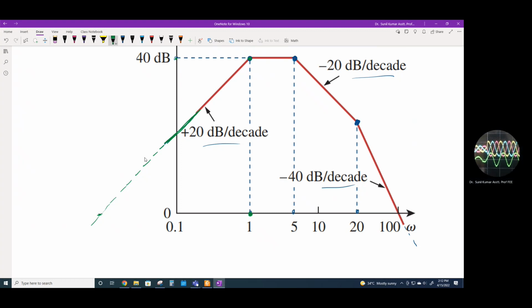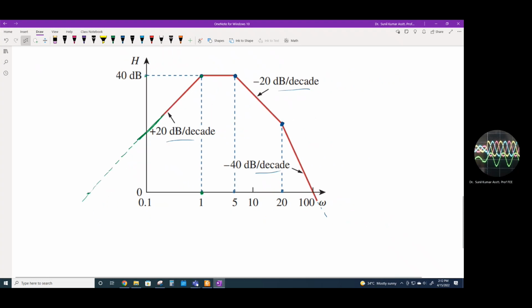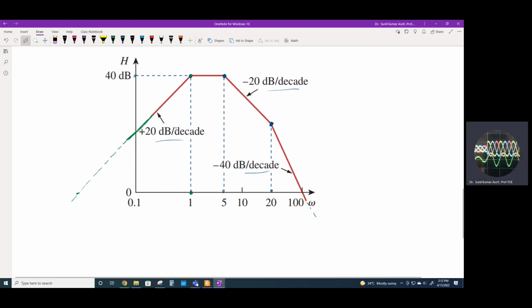Okay, that means, let's draw that standard slope over this graph.